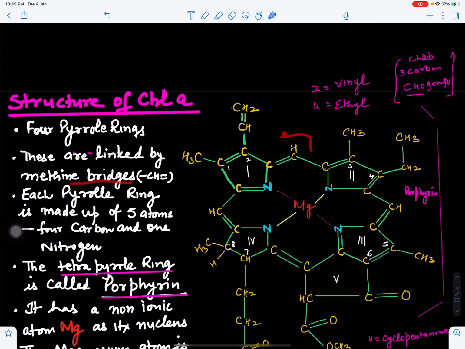This pyrrole ring and this pyrrole ring are connected by this bridge. So this is forming a head, which is called the porphyrin head. It is tetrapyrrolic in nature, meaning 4 pyrrole rings are there, so this head is called porphyrin.